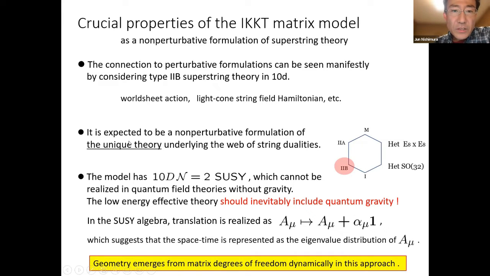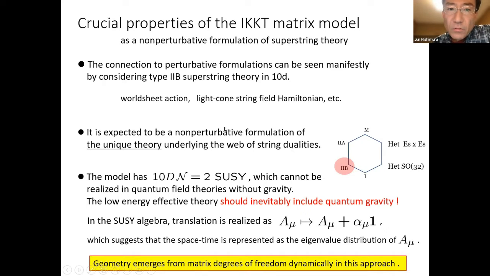Now, it is expected that this model is a non-perturbative formulation of the unique theory underlying the web of string dualities. People believe that all these formulations of superstring theories are connected to each other by duality.